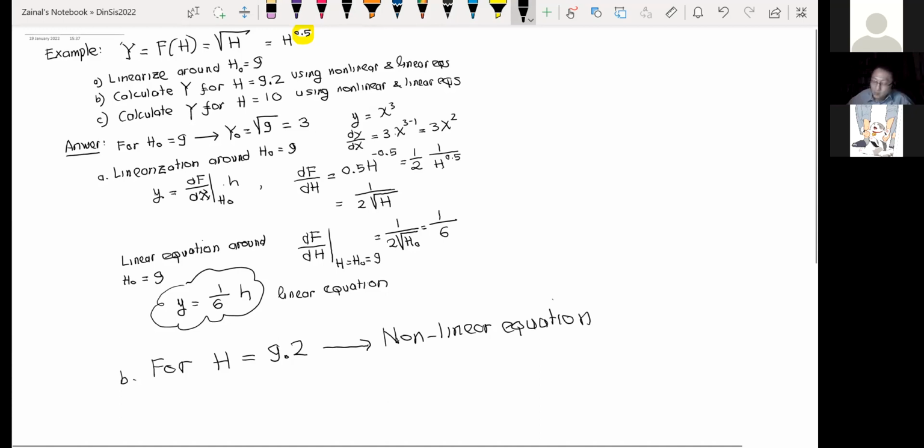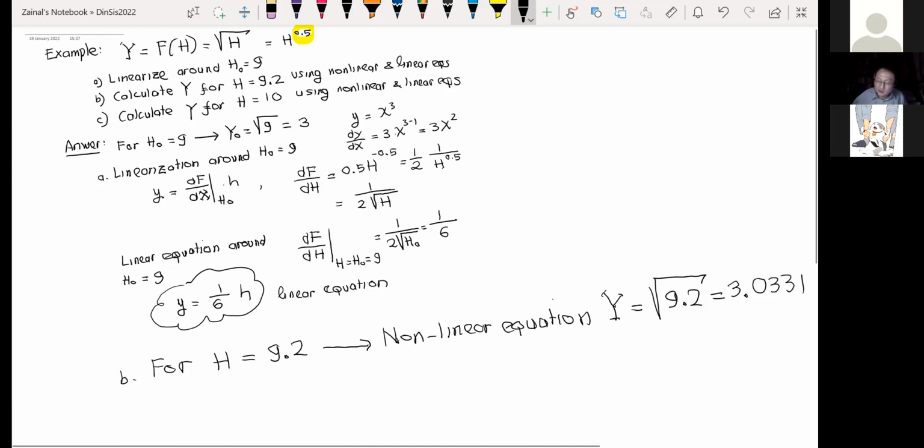Then you have y, which is the same with square root of 9.2, which is the same with, let me calculate. Okay, square root of 9.2 is equal to 3.031.